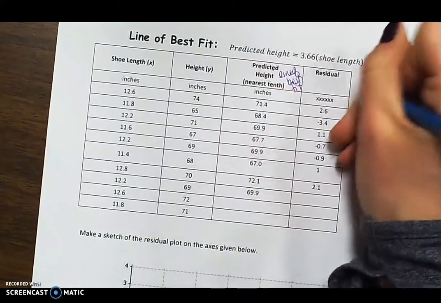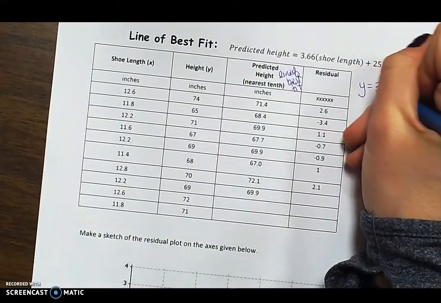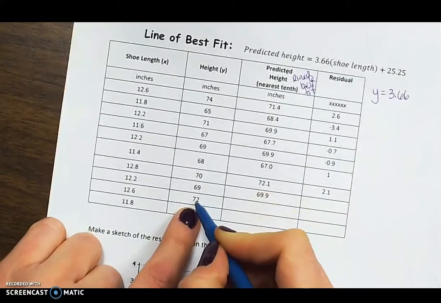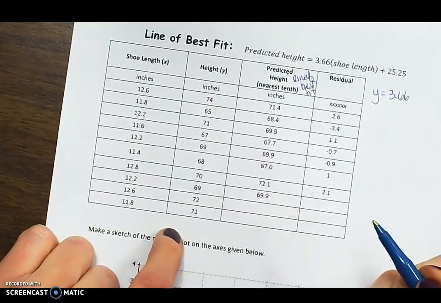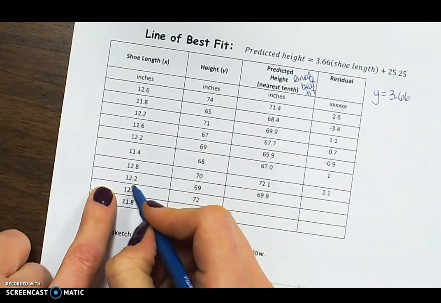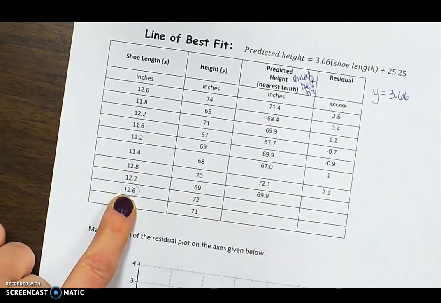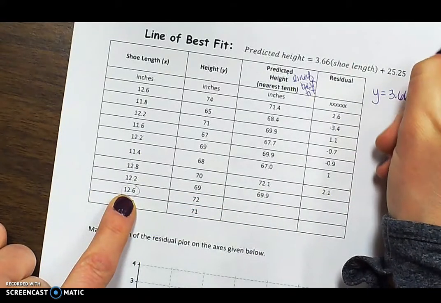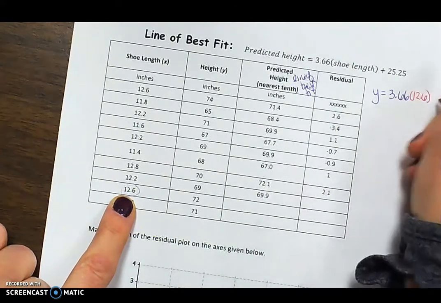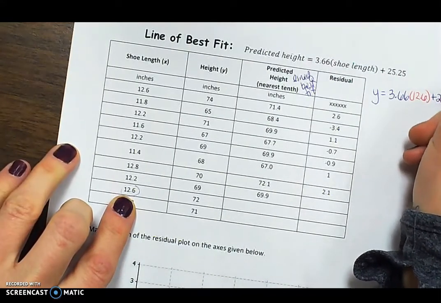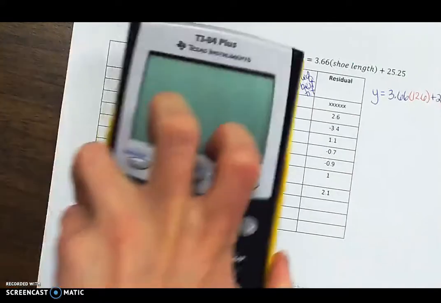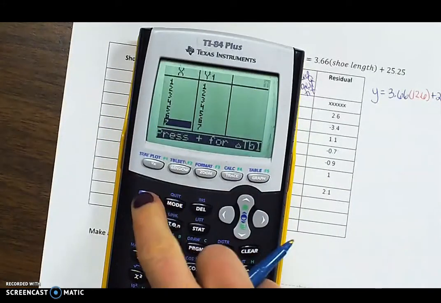So my predicted height, y equals 3.66. All right, I have my predicted height, so I'm going to have to put in this x value. So I'm going to type that in. So 12.6 and then plus 25.25. So I'm going to let the calculator do the work there. So we're going to quit out of here.